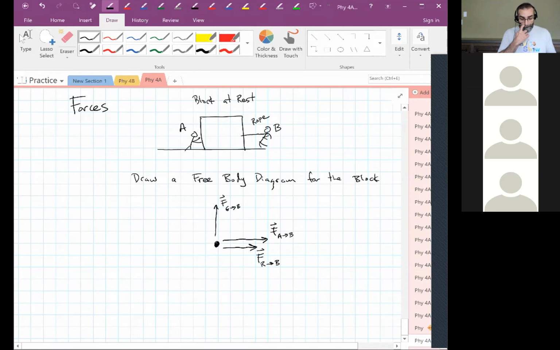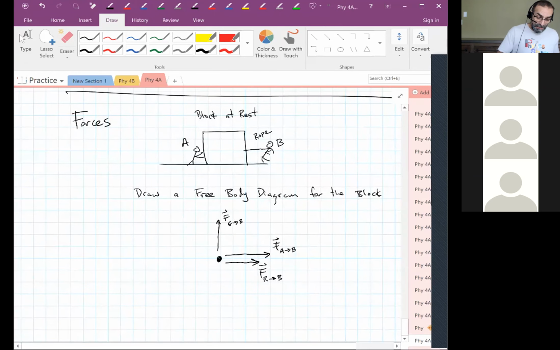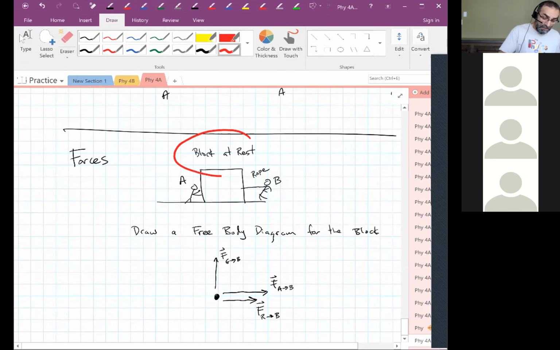And the friction force, what direction do we have friction? Is there friction? How do we know? There is friction, and it's to the left. We know there's friction because the block is at rest.